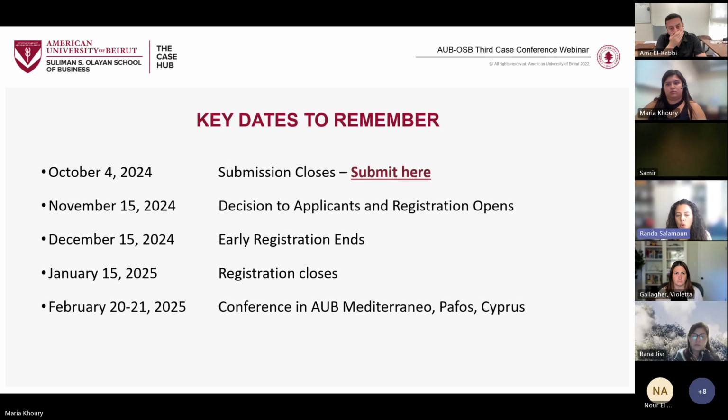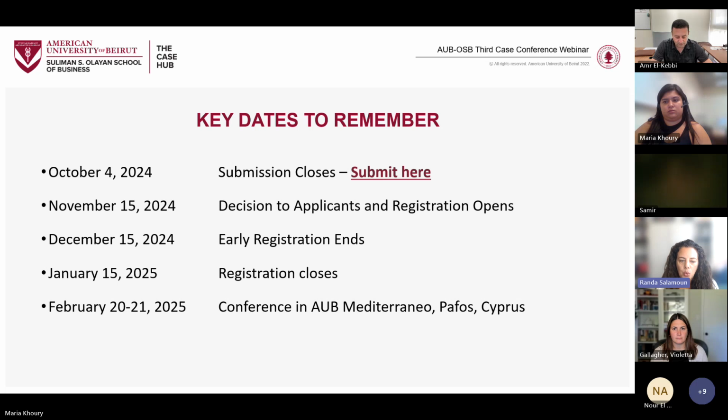At this date, we will also open registration, and the early registration fees period ends on December 15. Registration closes on January 15. And of course, as soon as you decide to join, in case you need a visa, please do let us know. Anyway, this will be in the acceptance letter so that we can assist you in the prep logistics of your trip.